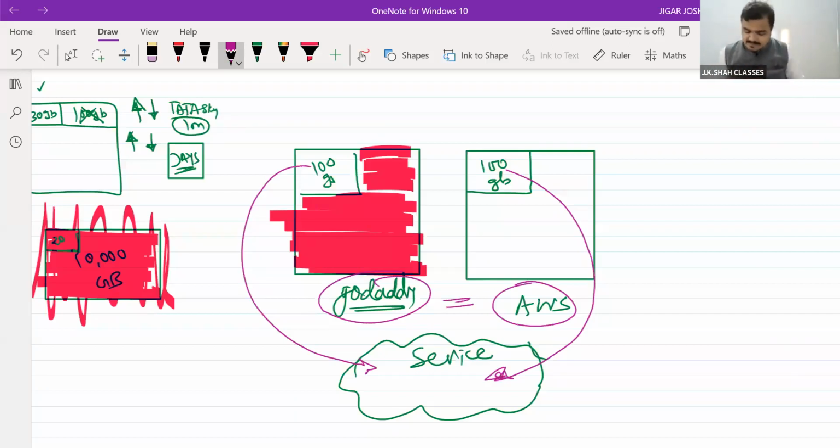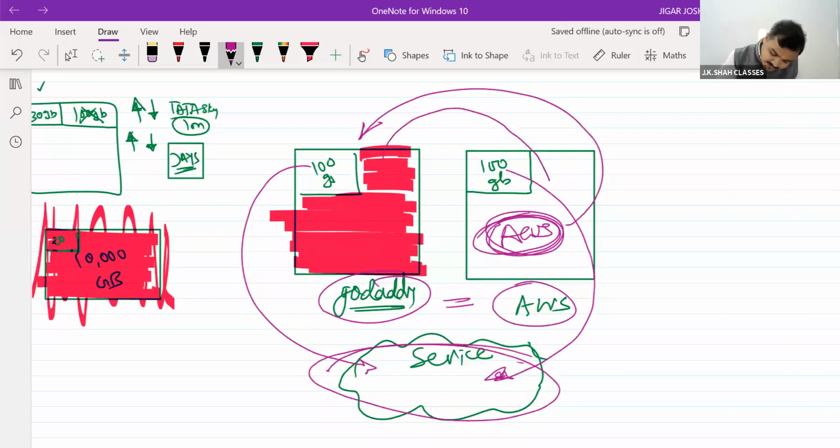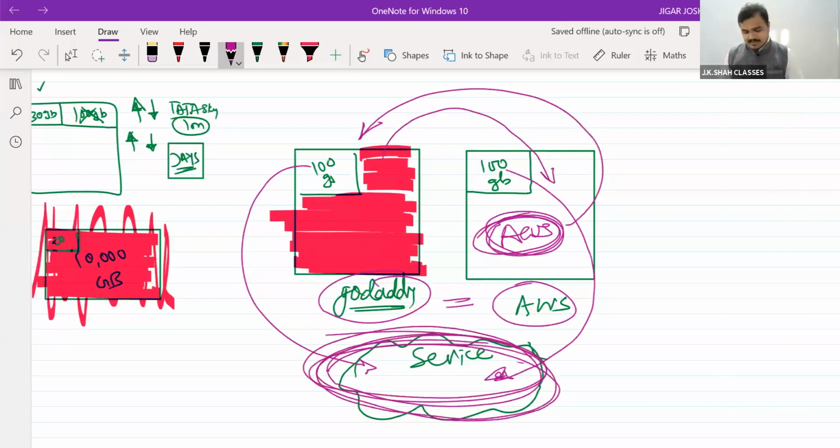The reason: suppose on Amazon Web Services a virus attack happens. If these are joined, do you think this virus can affect the GoDaddy server also? Yes, sir. If GoDaddy got a virus infection, will it affect Amazon Web Services if they are sharing common services? Yes, sir.